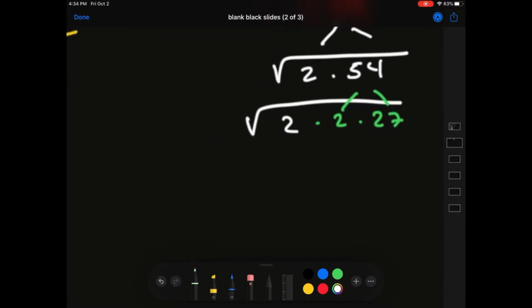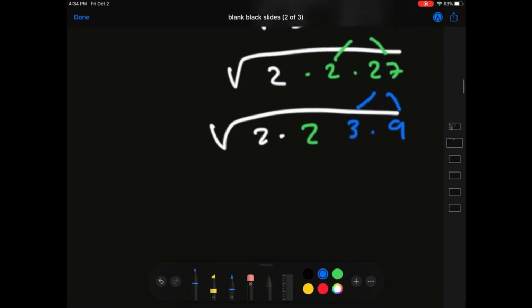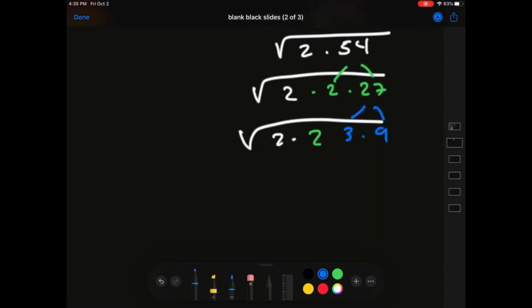So I got 2, the green 2, and then 27 is 3 times 9. So you have 2 times 2 times 3, and then you have 9, which is 3 times 3.